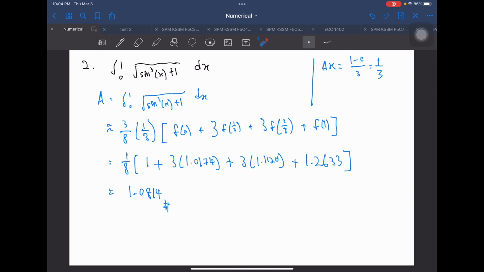And then press your calculator, you get 1, 1.0174, 1.1120, 1.2633. And then press your calculator, you get that this is approximately equal to this.